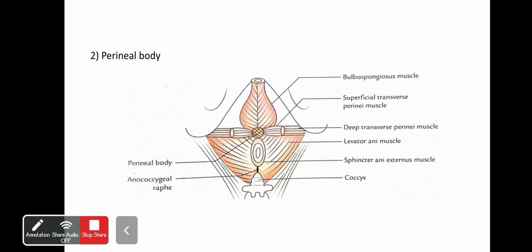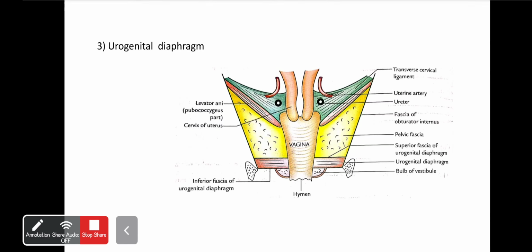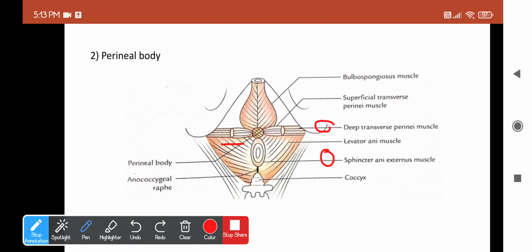So if you see here, this will be your urogenital triangle, and this will be your anal triangle. Okay, and this perineal body is a midline structure which will lie in between them, and this is composed of 10 muscles, of which 8 are paired and 2 will lie individually.